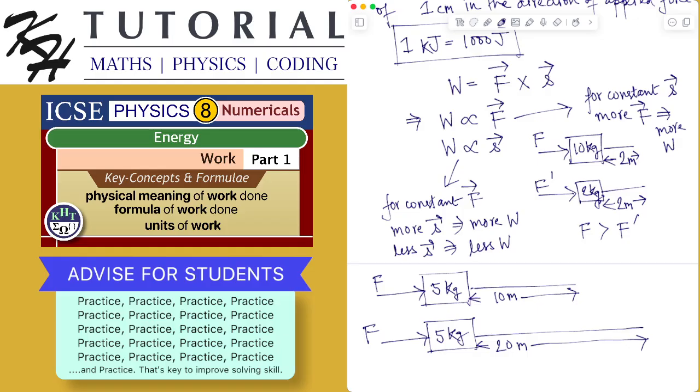Even though I am bringing the concept of energy, which I will discuss in some future video, I hope you will understand that the work done in this case was more, because the displacement was more, even though the mass of the body is not a concern in the formula. It is only about what force you have applied and by what distance you have moved the body, that is the displacement of the body in the direction of the force.